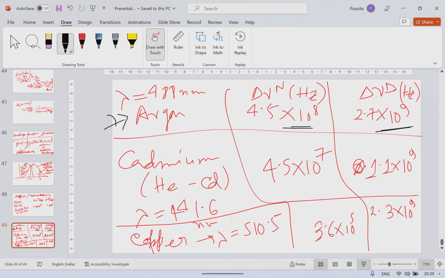Okay, you cannot ignore that. You need to take it into account when you are discussing the broadening effects. But for copper, it is of the order of 10 to the power 5, and it is of the order of 10 to the power 9. You can neglect the natural broadening there. Their Doppler broadening dominates the natural broadening by a significant amount. When doing the calculation, you can ignore natural broadening.